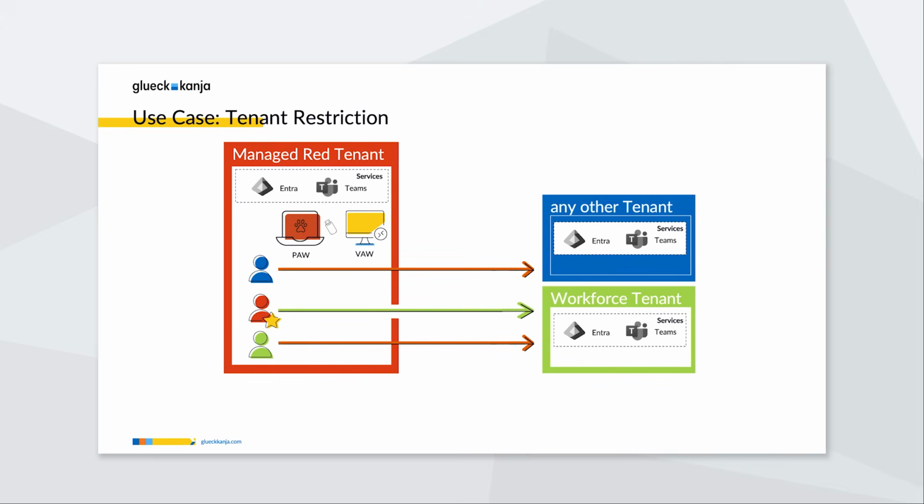And the main feature that we're leveraging for it is tenant restriction. Tenant restriction is a feature that signals to the Entra tenant, okay, this client is bound to that tenant.